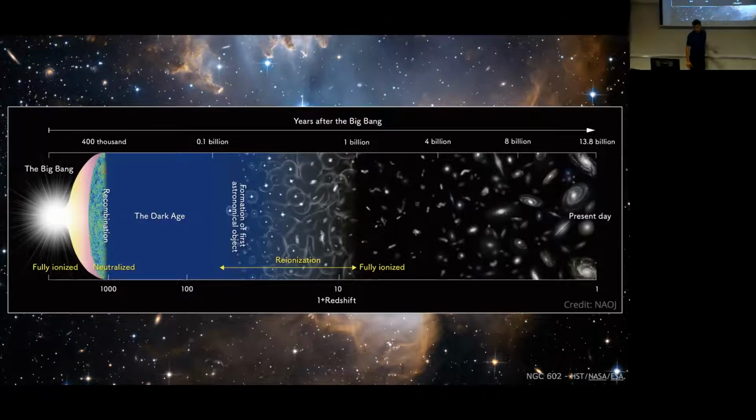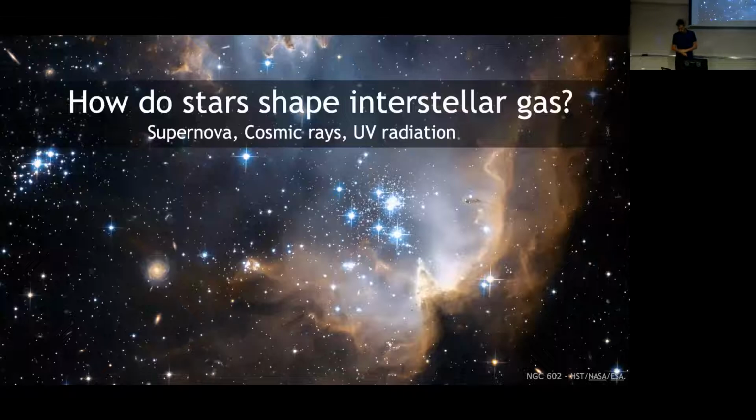At this point, the universe was again reionized. Today, we think this happened through ionization by stars and galaxies from these first galaxies. So the ionizing radiation, or stellar feedback on large scales, was also the mechanism that reionized the universe as a whole. But as I promised, today we'll focus on smaller scales of clouds.